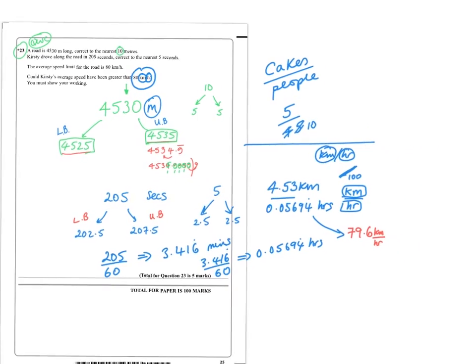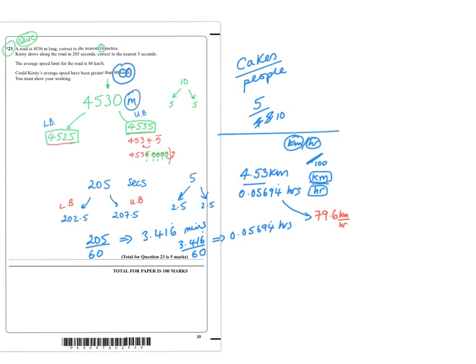So back to the cakes and people situation now. Because if you wanted to maximise the average speed, surely you'd want to make the amount of cakes that you had be the most, and you'd want to not invite many people, especially if you were one of the guests, then you'd have more cake. So you'd want the distance to be its highest, and in this case, like so.